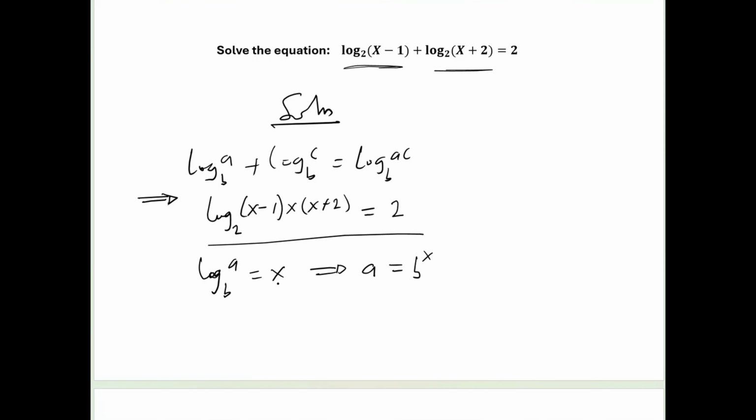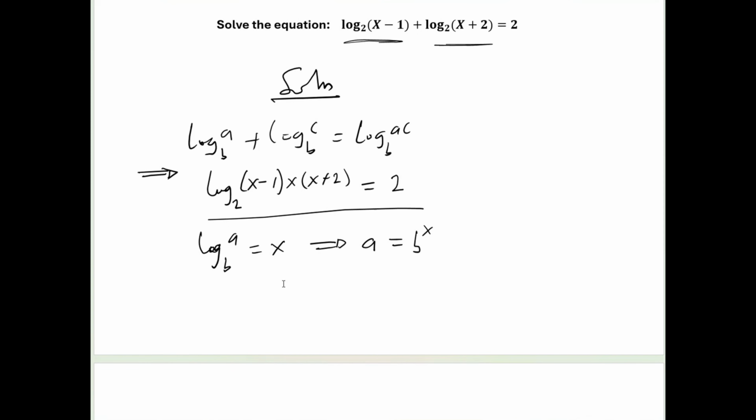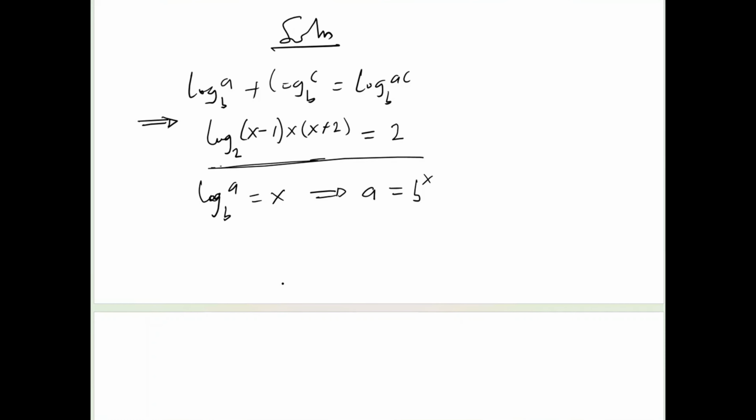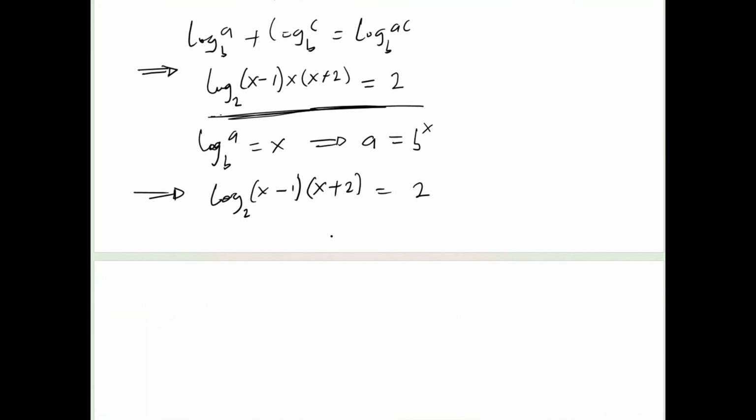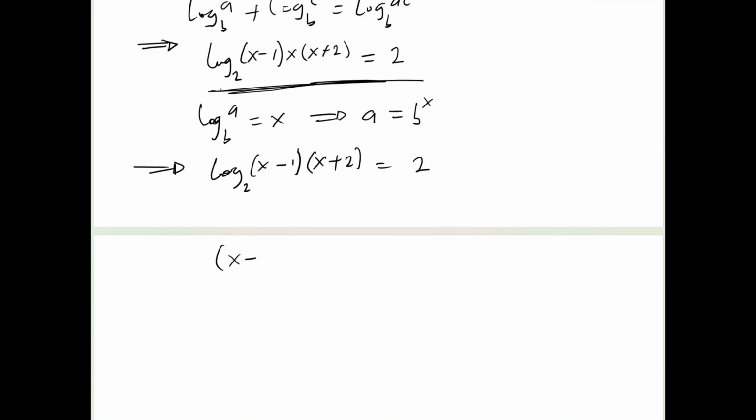Now we can apply that same rule to this particular log, which implies that log of (x minus 1)(x plus 2) to base 2 equals 2 will give us (x minus 1)(x plus 2) equals the base, which is 2, raised to this 2. So we have 2 raised to power of 2.